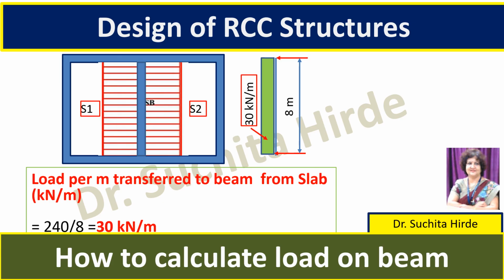So this self-weight is added to the load which we have calculated from the slab. So total load will be approximately 33 kilonewton per meter, for which you need to design this beam.